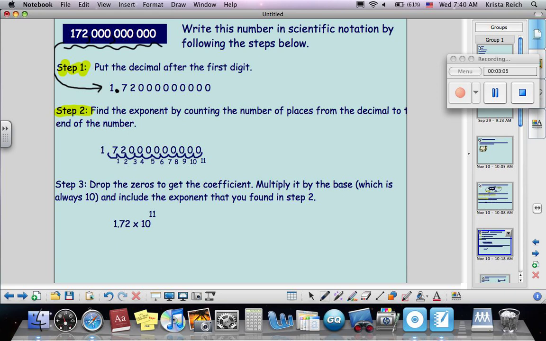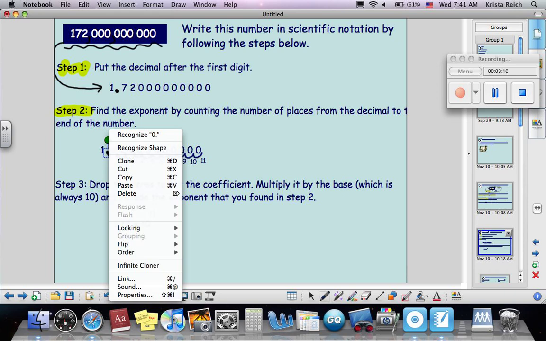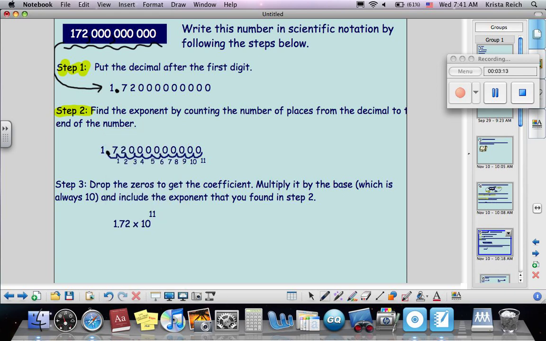We're going to start here where our decimal is, and we're going to count 1, 2, 3, 4, 5, 6, 7, 8, 9, 10, 11. It took us 11 counts to get to the end, and I would suggest writing that number to the side somewhere so you do not forget it. As you see here, they wrote it at the bottom. You don't need to write down every count, just the end number, how many times it took you to get to the end.